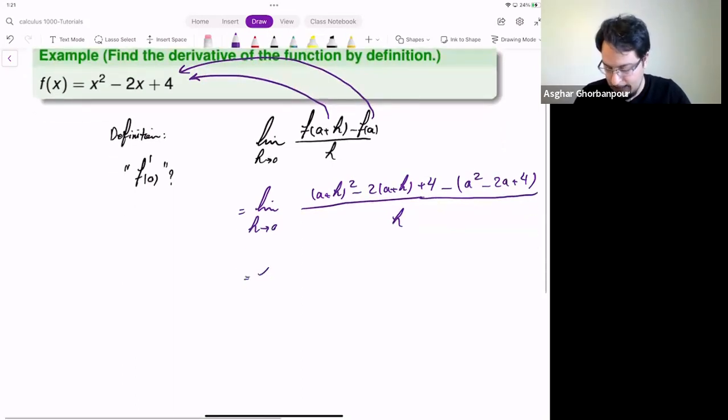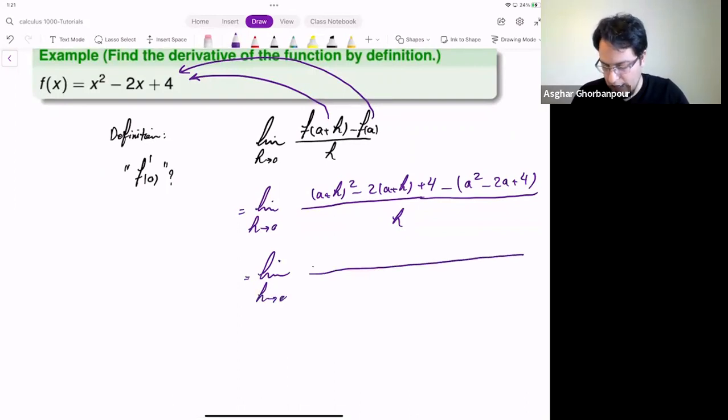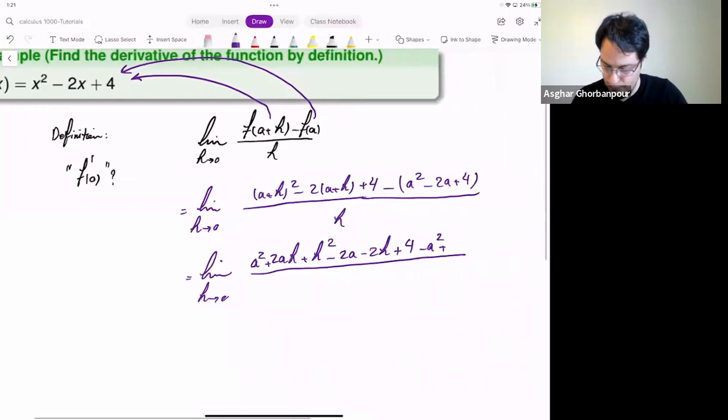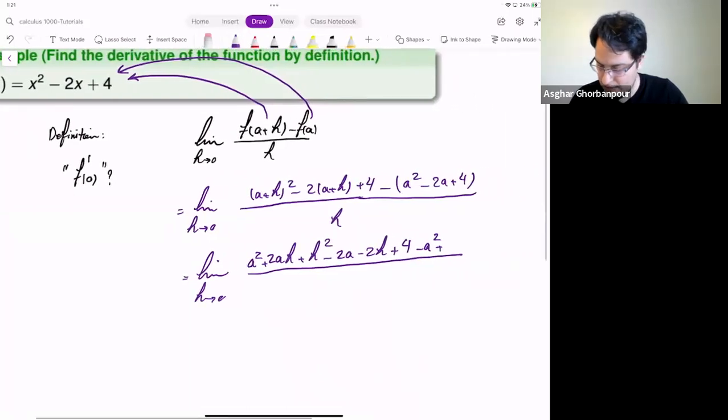Here I can expand this and I'll get a squared plus 2ah plus h squared minus 2a minus 2h plus 4 minus a squared, and minus times negative 2a, which is plus 2a, minus 4.